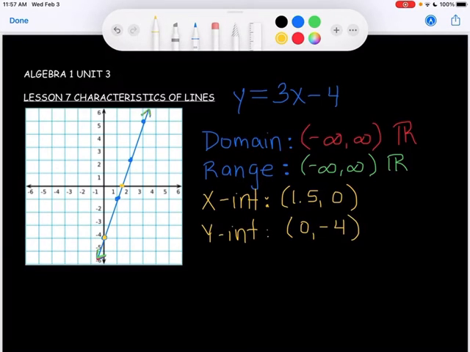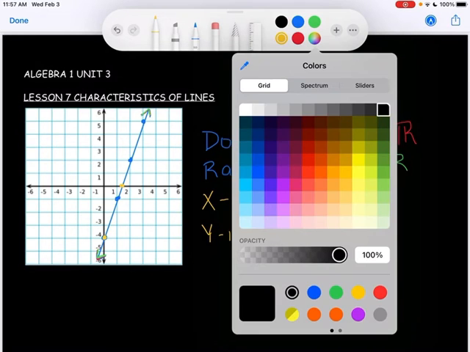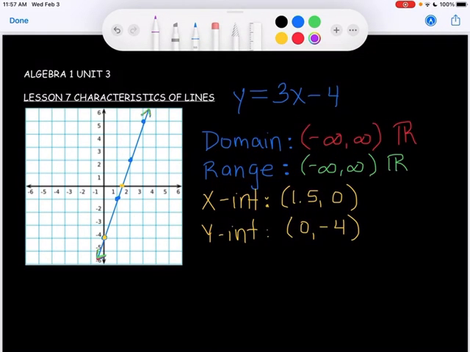They're also going to want intervals of increase and decrease. Well, with a line, it's either increasing or it's decreasing. It doesn't change, so you either have an interval of increase or you have an interval of decrease. You won't have both for lines. So you have to figure out which one it is. And you always look at a line from left to right. And if you're going from left to right, this thing is increasing.